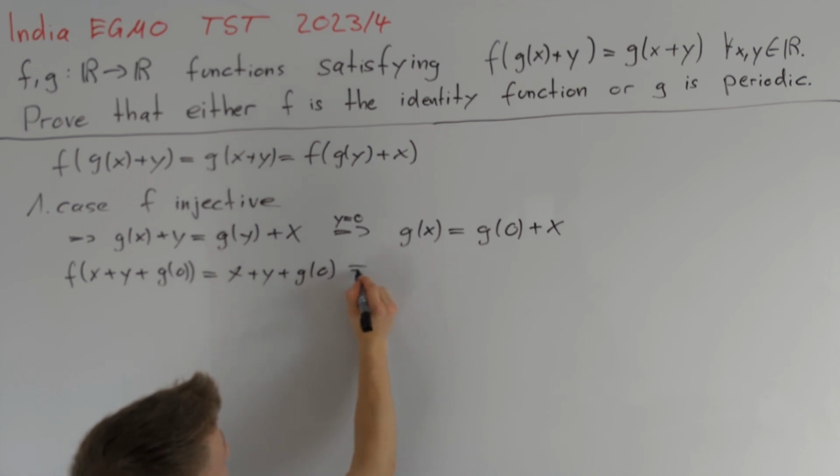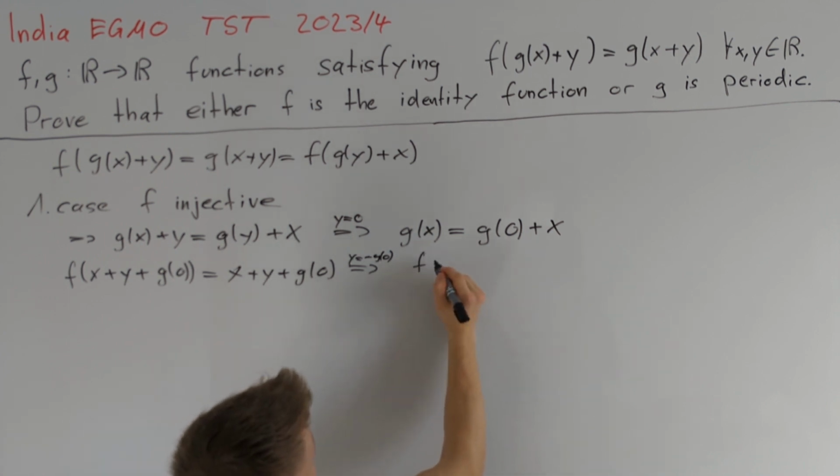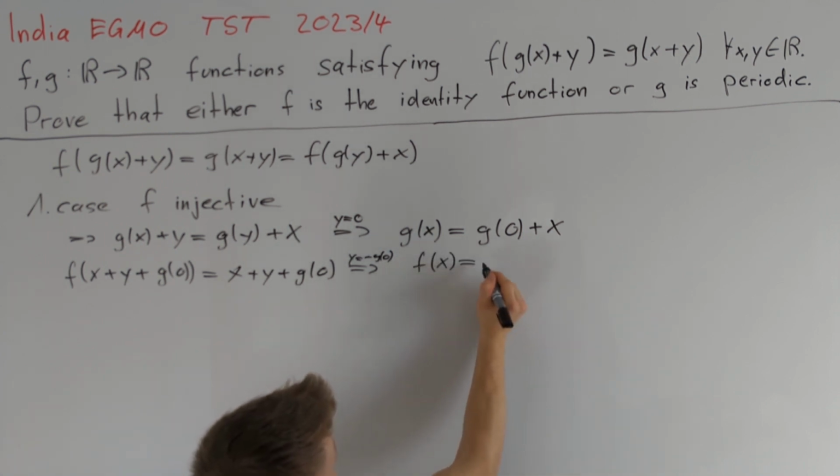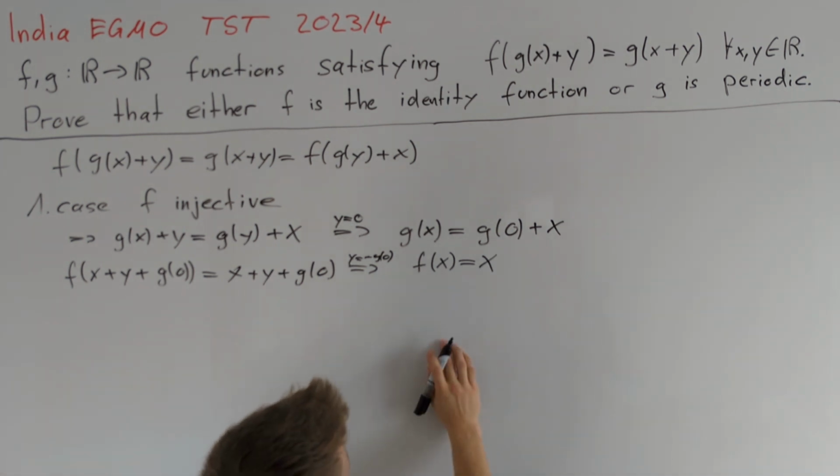Here we can plug in y equals minus g of 0 to conclude that f of x is equal to x, and therefore in this case f must be the identity function.